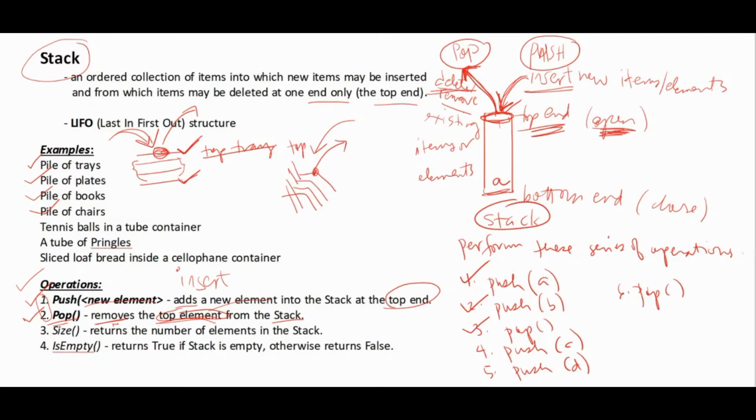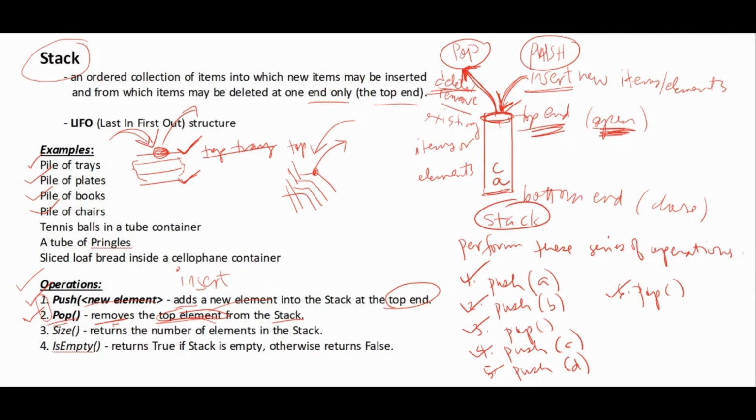The next is push C, so C is now on top of A. Next is push D, so D is on top of C. And then lastly pop, so D is removed. So what remains in the stack is A and C, right? So notice that the last element to get inside is the first element to get out.